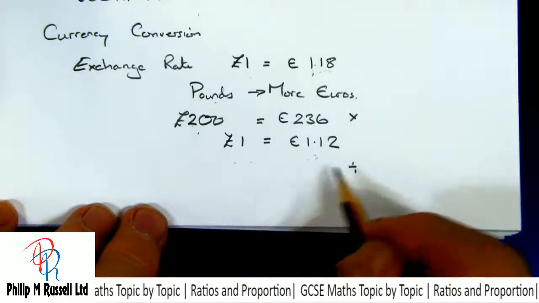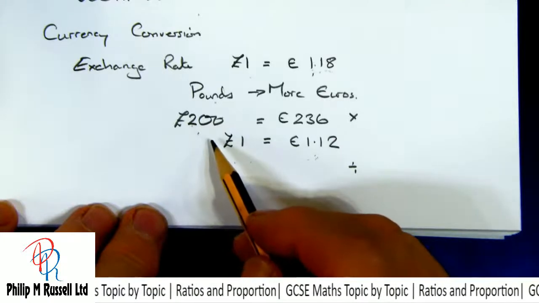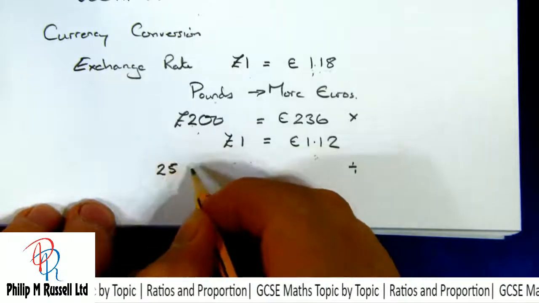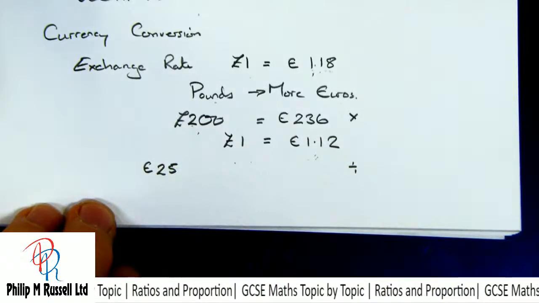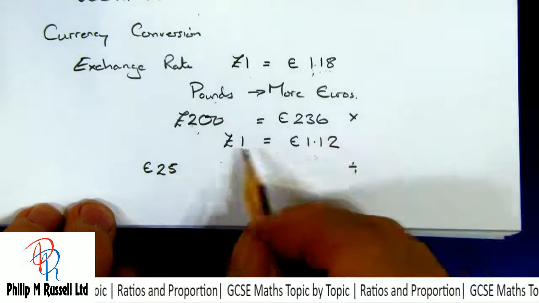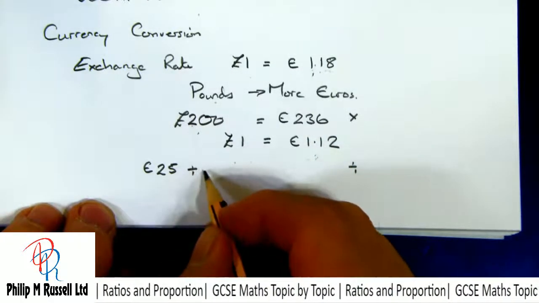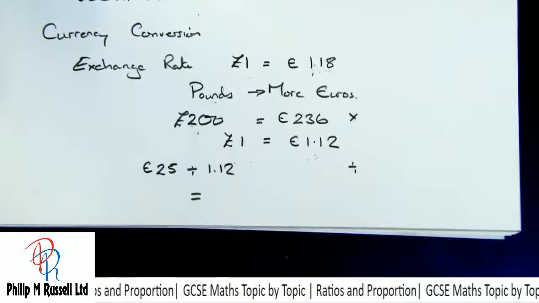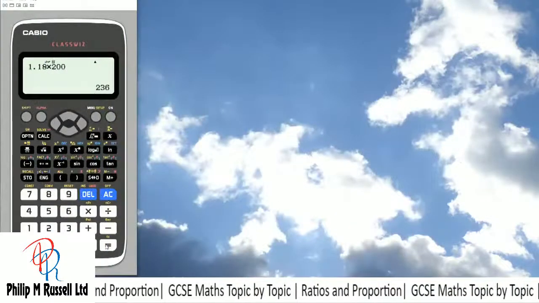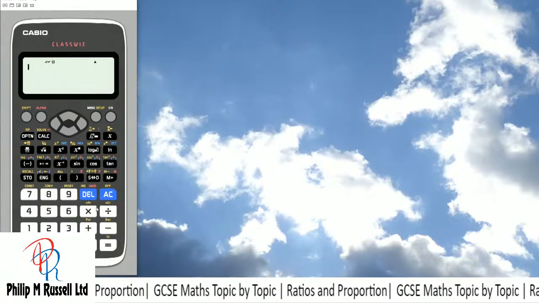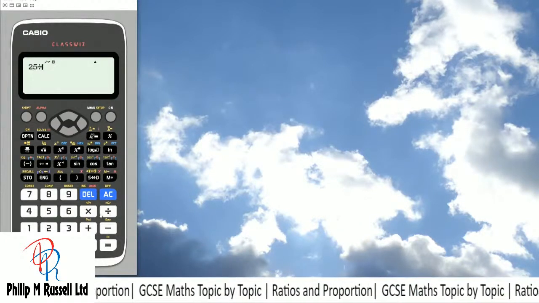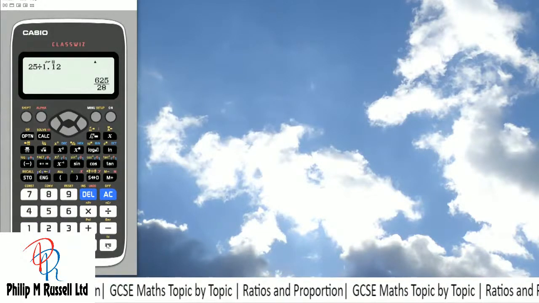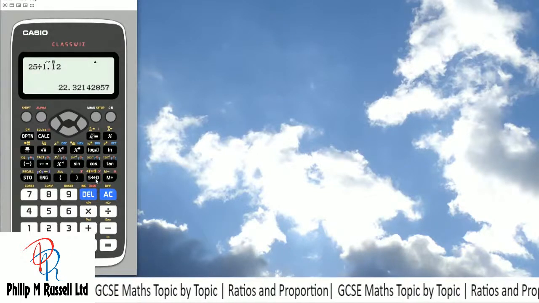So let's suppose I bring back 25 euros and we want to work out how many pounds that is. We're this time going to divide by 1.12. So let's go to the calculator, and we simply put our sum in, 25 divided by 1.12, and that's going to give me a horrible number.